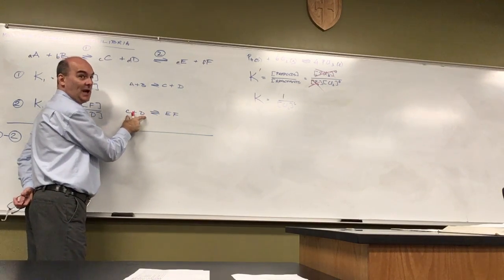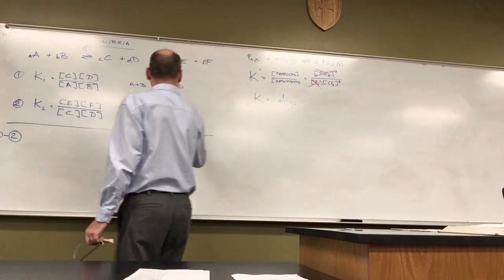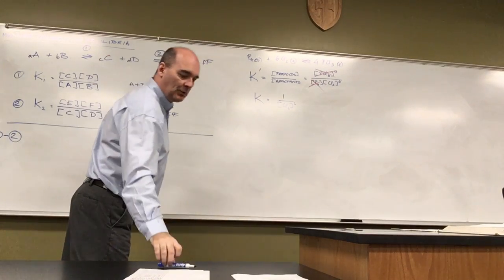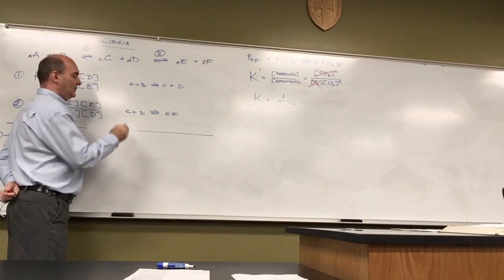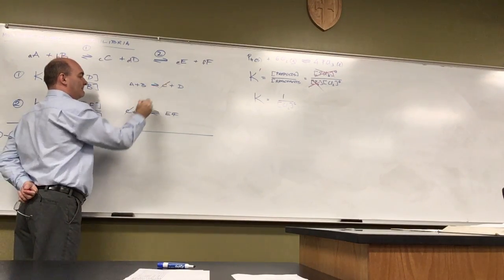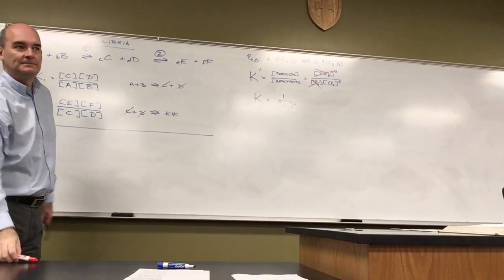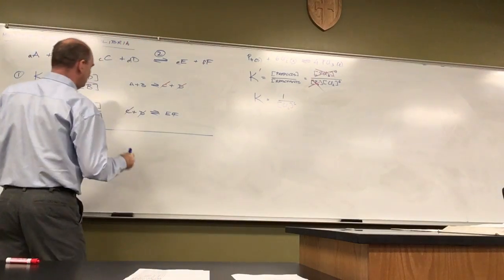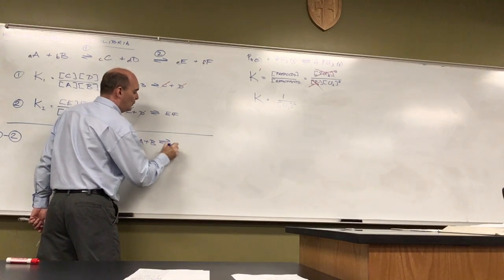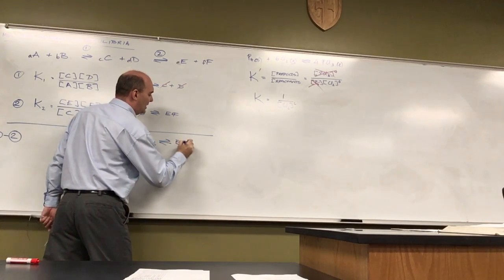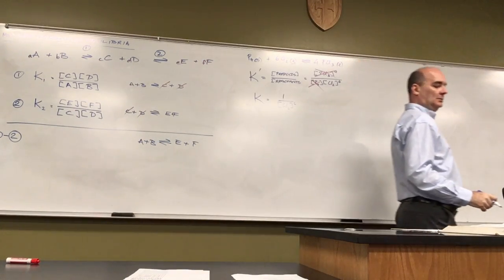C and D are reactants, and E and F are products. If I take line 1 and I subtract line 2 from it, they cancel. Line 1, when you subtract line 2 from it, gives me the overall.